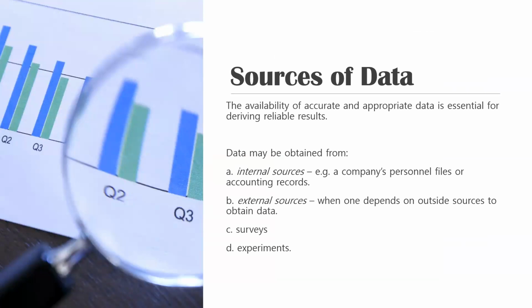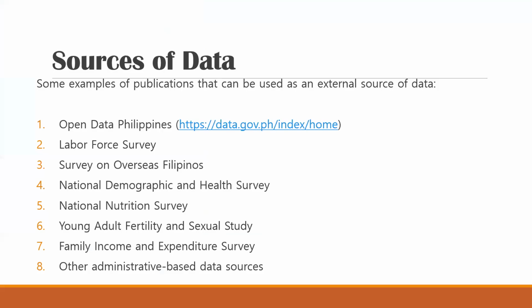So, sources of data. The availability of accurate and appropriate data is essential for deriving reliable results. So these are just a list of where you can gather data. You can obtain it from internal sources, external sources, surveys, or even experiments.